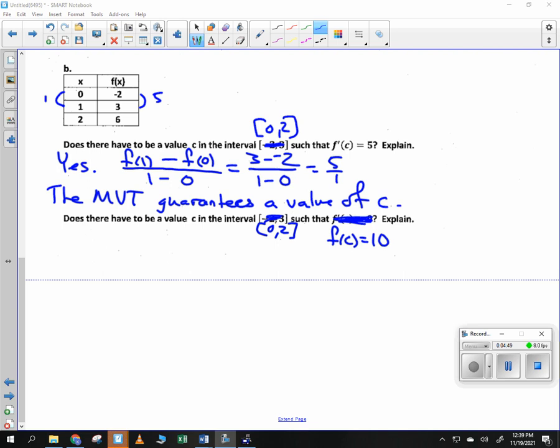So does there have to be a spot in that interval where the function has an output of 10? No. I mean, the largest value is 6, right? So there's no guarantee that we have to get to. So no, the IVT does not apply.